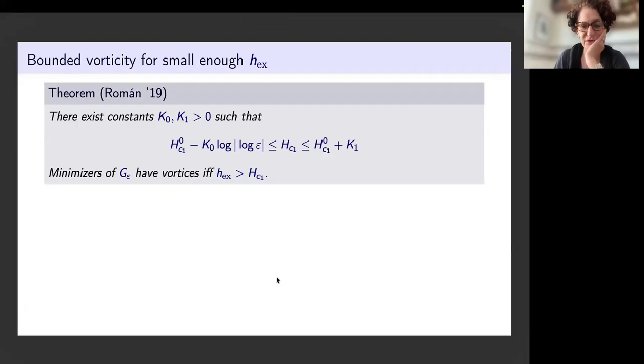So it was proved that this HC1 is indeed the correct value of the critical field. Carlos Roman showed that if you are below that, then you have no vortices, and if you're above that, you'll have vortices, and this is the approximation of HC1 up to a log epsilon error.